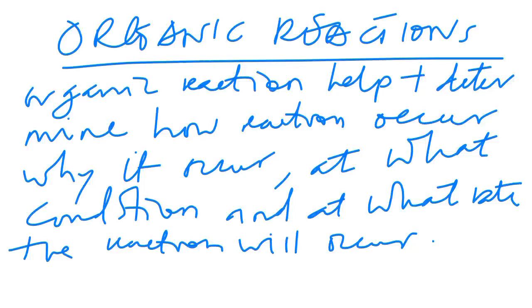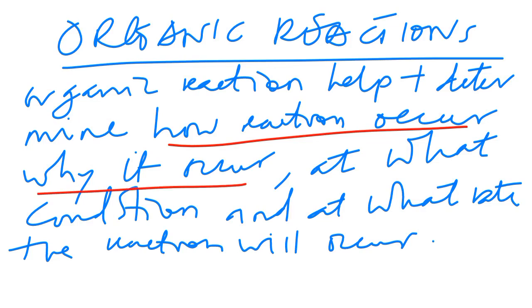provided. So from that I will say that organic reaction helps to determine how electrons occur and why it occurs. So it determines how the reaction occurs, why the reaction occurs, at what condition the reaction occurs, and at what rate the reaction will tend to occur.